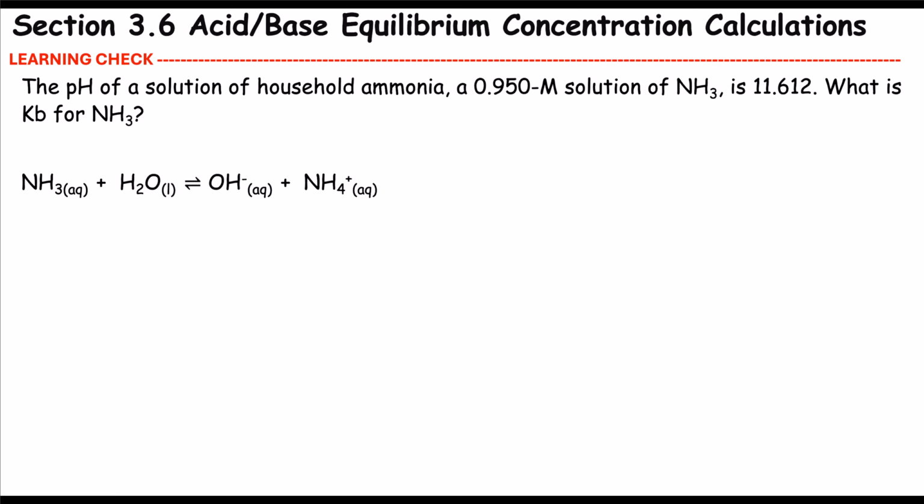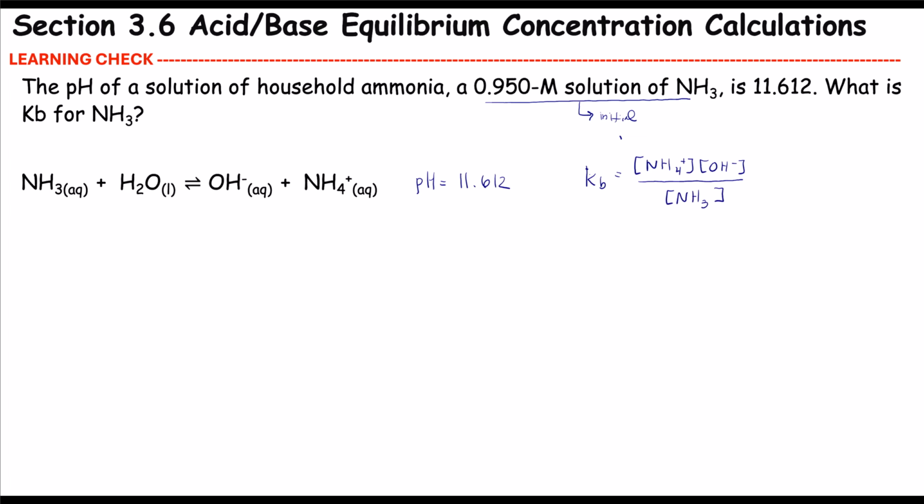So say you have a pH, not pOH, of 11.612, and you have a concentration of NH3. This one is going to be your initial. So your Kb should be the concentration of NH4 and OH minus all over the concentration of NH3.